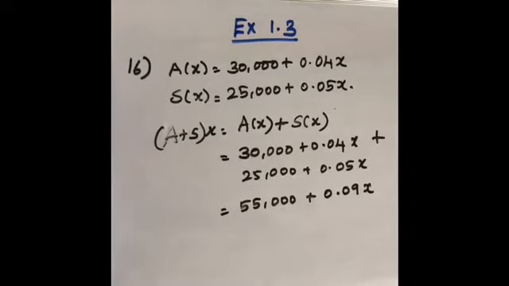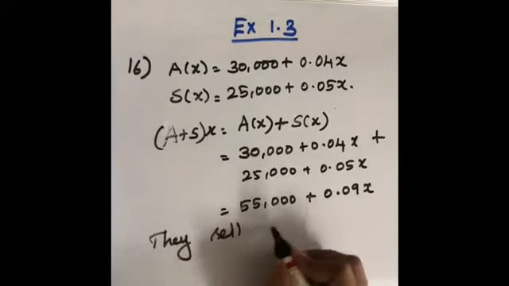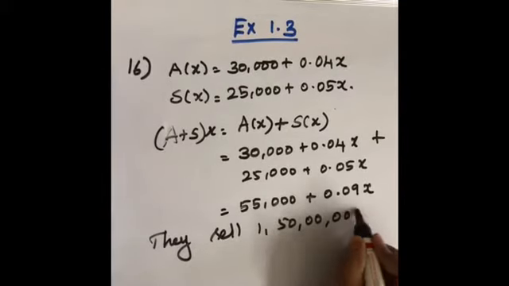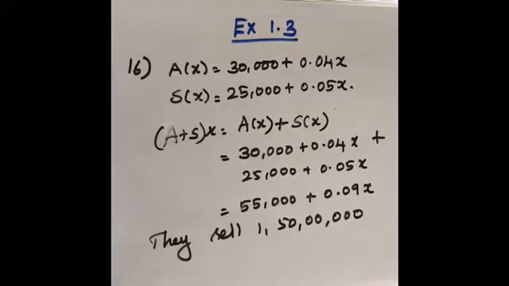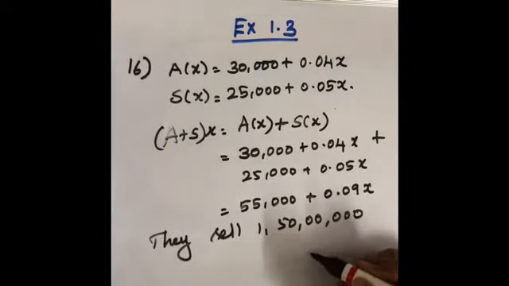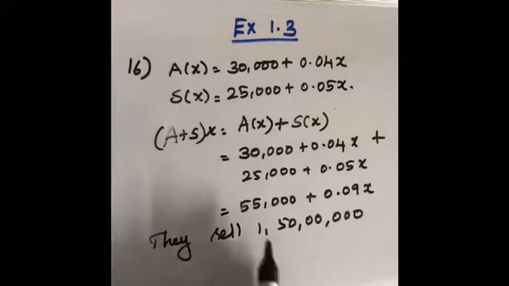Okay, it is given that we determine the total family income if they each sell rupees 1 crore and 50 lakhs worth of merchandise. So instead of x, we have to substitute this value and calculate A plus S of x.